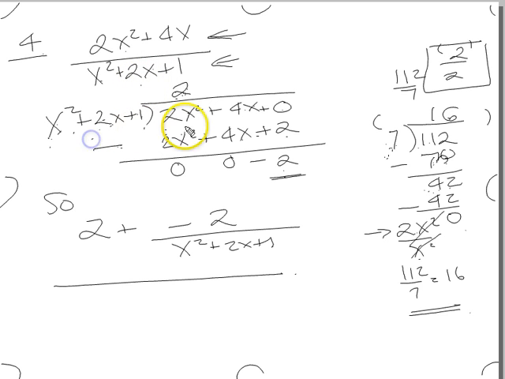We're seeing how many of these go into this thing that's on top. So we look at the dominant terms. That's the key. How many of those go into those? We asked that question, and found out the answer was 2. So we put 2 down, and then we multiply through by the 2 all the way through every term in the row. So 2 of these, 2 of these, and 2 of those. There we go. Take the difference.